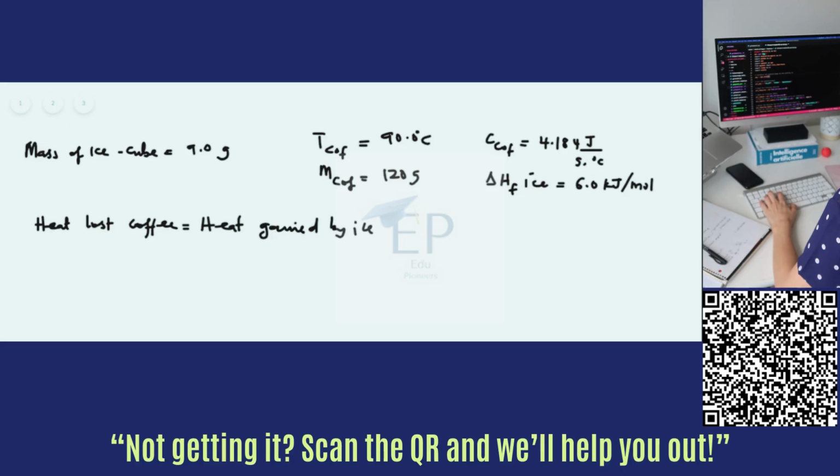Okay, so heat lost by coffee is negative mass of coffee multiplied by specific heat capacity of coffee multiplied by delta T, which will be the final temperature of the mixture minus the initial temperature of coffee, which is 90.0 degrees Celsius, is equal to heat gained by ice.